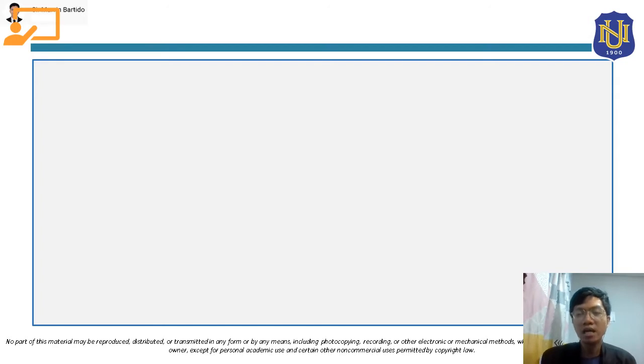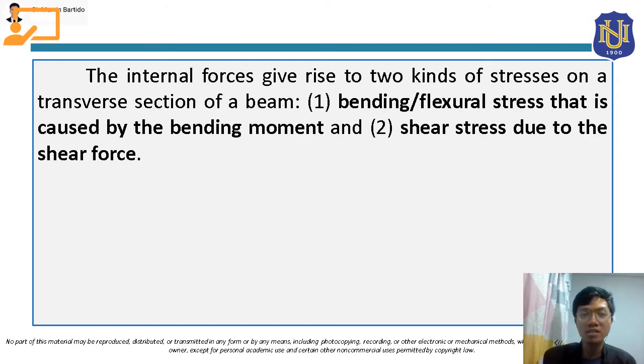These internal forces give rise to two kinds of stresses on a transverse section of a beam. The first is the bending or flexural stress caused by the bending moment, and the second is the shear stress due to the shear force.